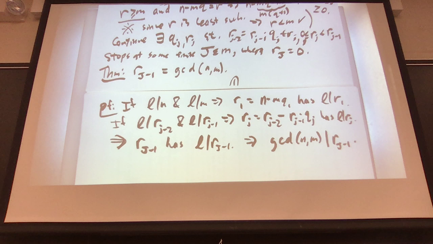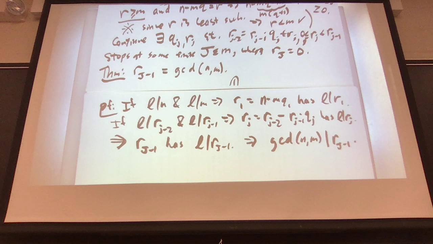But look at what happens at this last stage, when Rj is equal to 0. I'm just reading this equation, but with capital J, that place where we stopped. Rj minus 2 is equal to Rj minus 1 times Qj, plus Rj.